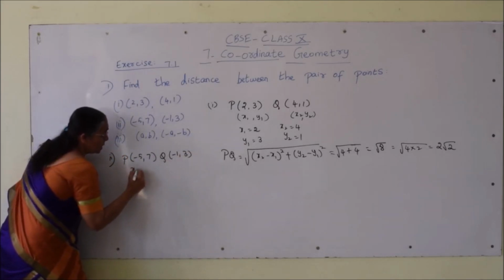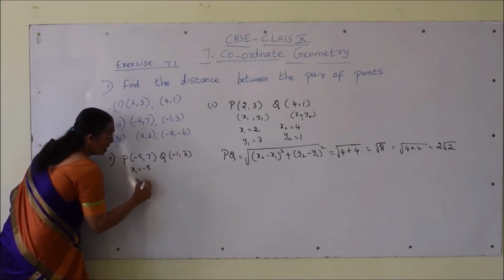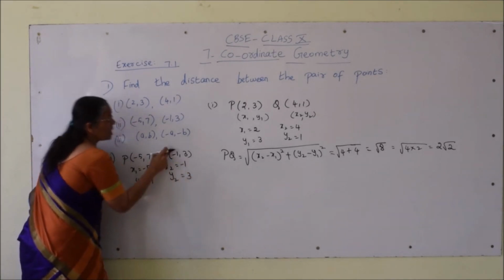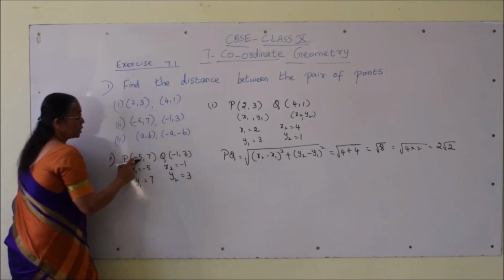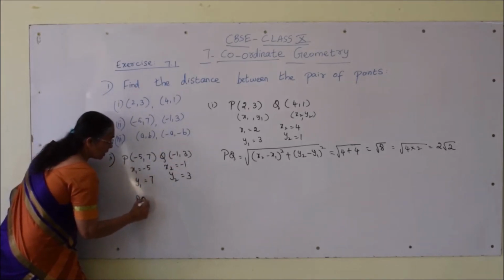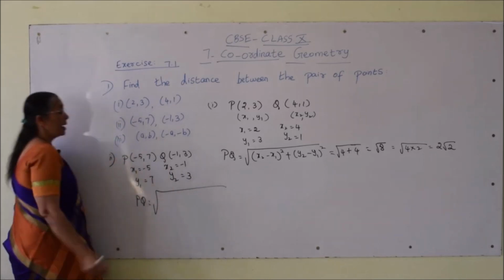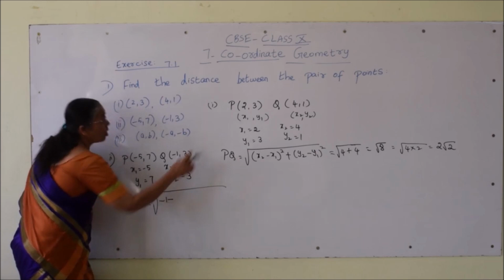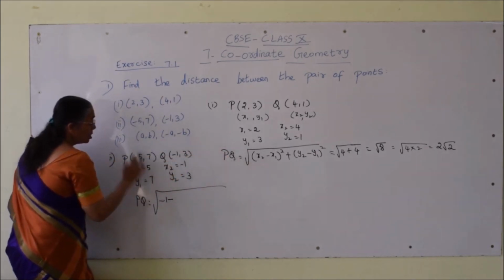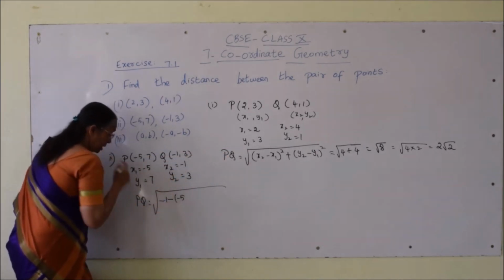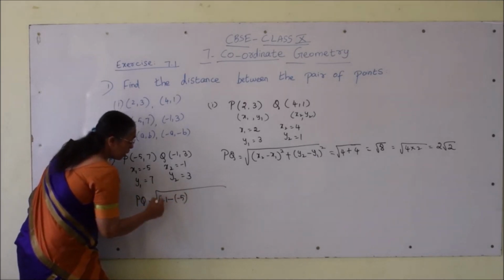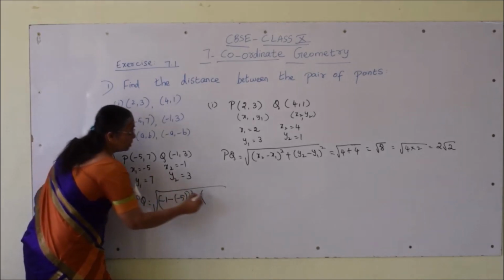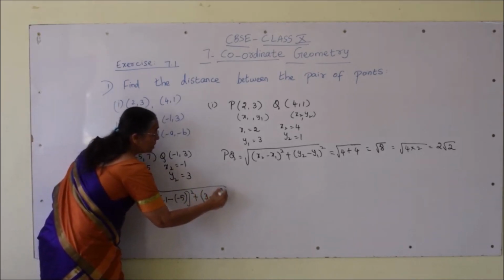Now, coming to the second problem, P is minus 5, 7 and Q is minus 1, 3. So x1 is minus 5, y1 is 7, x2 is minus 1, y2 is 3. Now the distance PQ is root over x2 minus x1 whole square, that is minus 1 minus of minus 5 whole square, plus y2 minus y1 whole square, 3 minus 7 whole square.